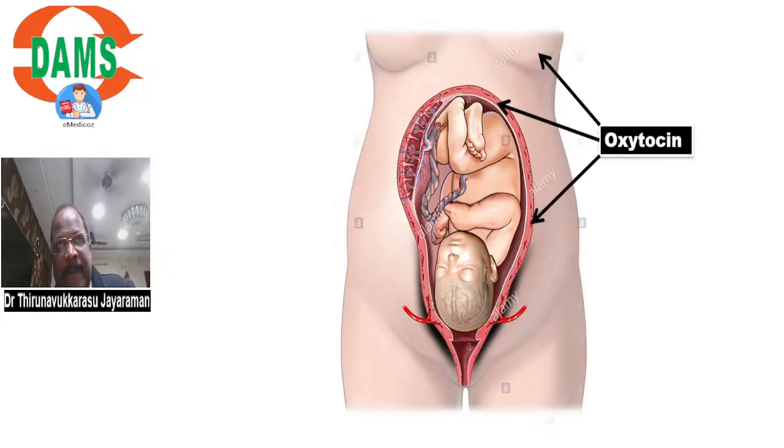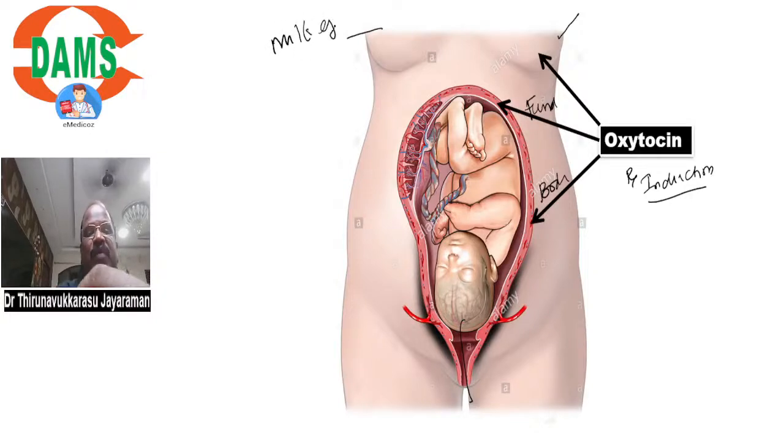Oxytocin, a posterior pituitary hormone, we give as an injection. When given as an IV infusion, it acts on the fundus and body of the uterus, causing uterine contraction, thereby expelling the baby. So it is useful for induction. It also causes contraction of myoepithelial cells of the breast, causing milk ejection.